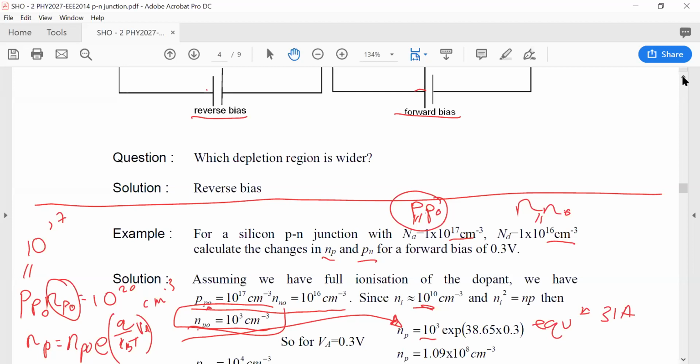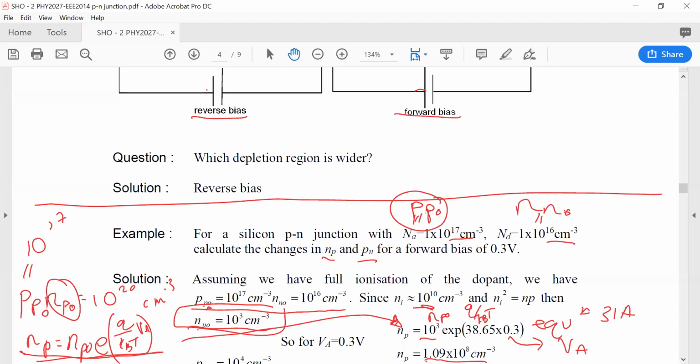It's 10 to the 3, because we know that is np0, which we've calculated. 38.65 is simply q over kBT, a constant in your data sheet, and 0.3 is your applied voltage. That gives us np equal to 1.09 times 10 to the 8 electrons per cubic centimetre in the p-type region.